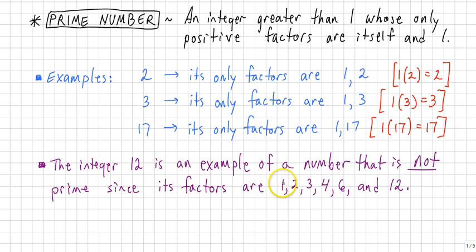So for example, 1, 2, 3, 4, and 6, those all are factors of 12. 12 goes into itself one time, 6 goes into 12 twice, 4 goes into 12 three times, 3 goes into 12 four times, 2 goes into 12 six times, and 1 goes into 12 twelve times. So there's lots of factors of 12, and in order to be prime, it should only have two factors, 1 and itself.